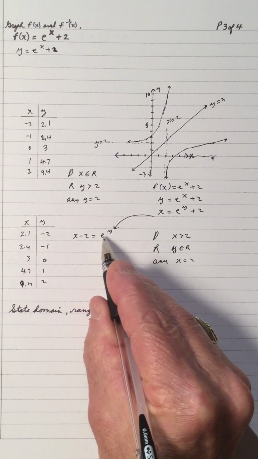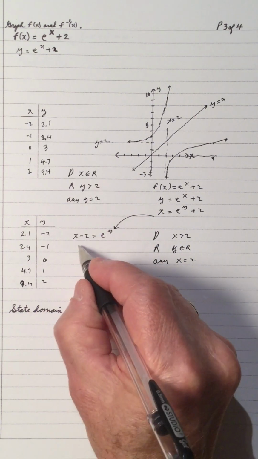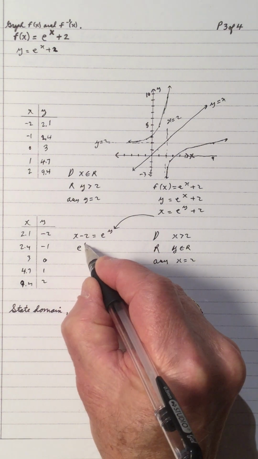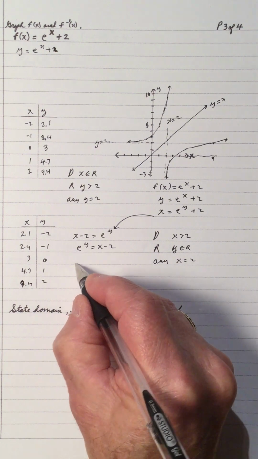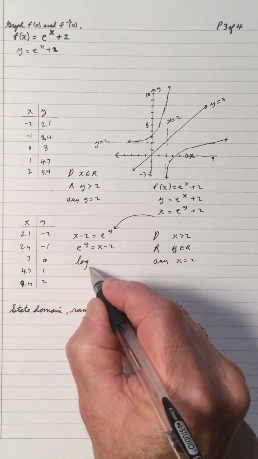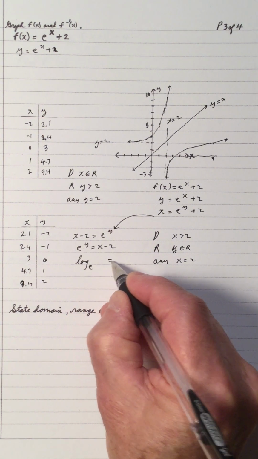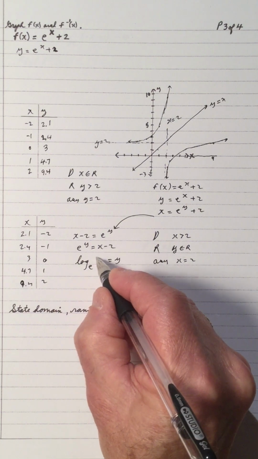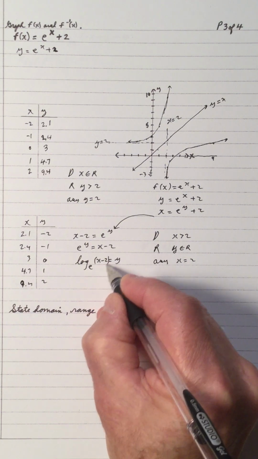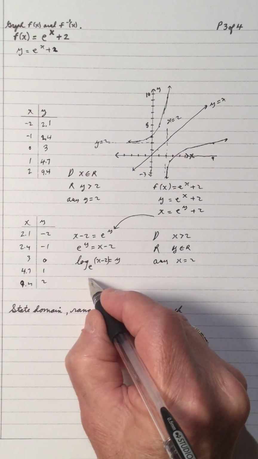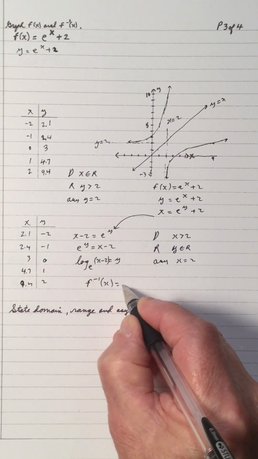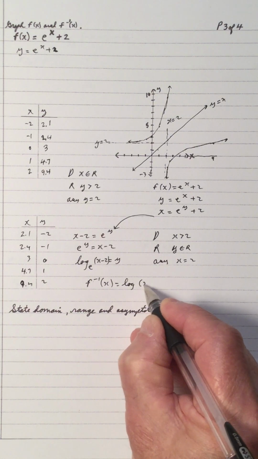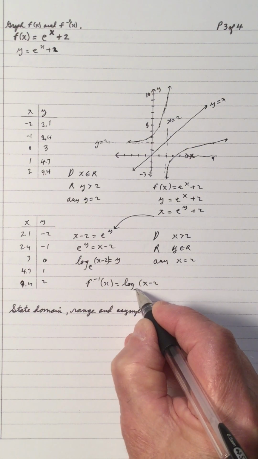So now I have e to the y is x minus 2, so let's change it around. So log, base is e, exponent is y, and the number is x minus 2. So that's f to the negative 1 of x, log of x minus 2 base e.